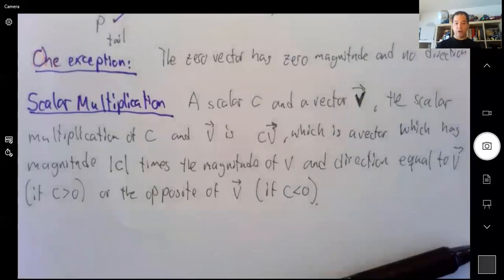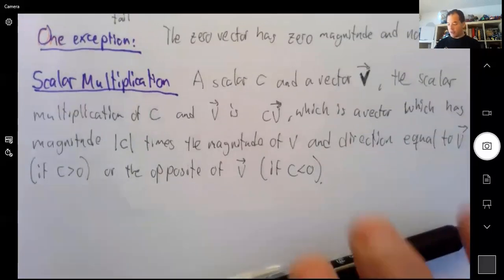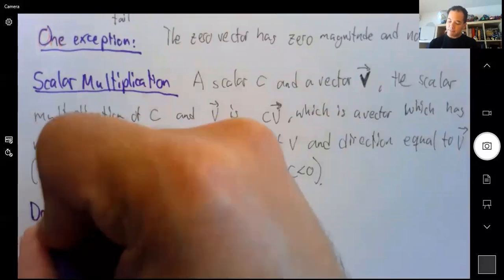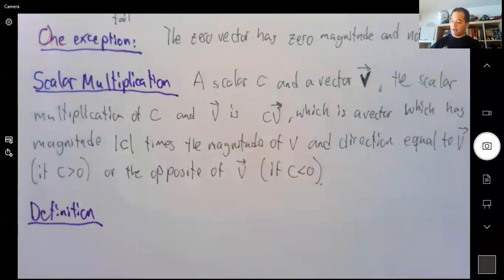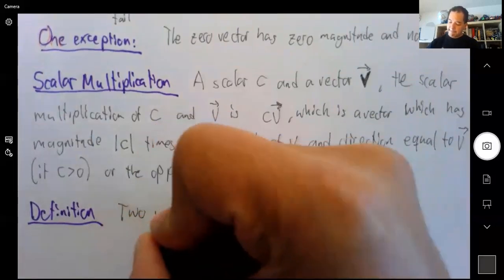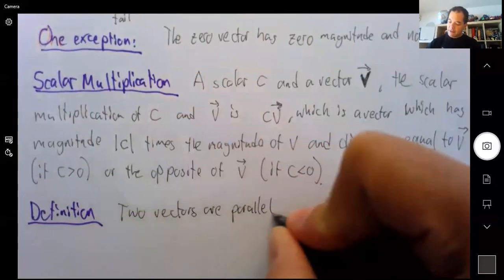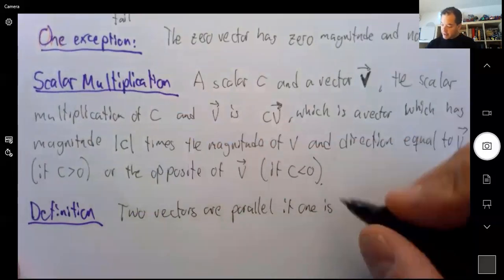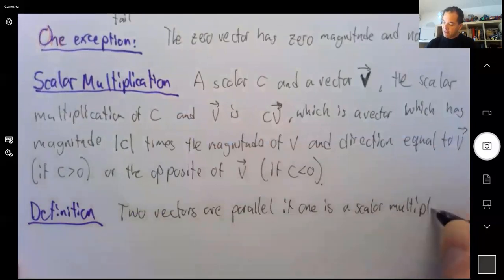So the best way to explain this is to show you some pictures, which I'm going to do in just a moment. But also let me write down the following definition. This is important as well. We say that two vectors are parallel if one is a scalar multiple of the other.